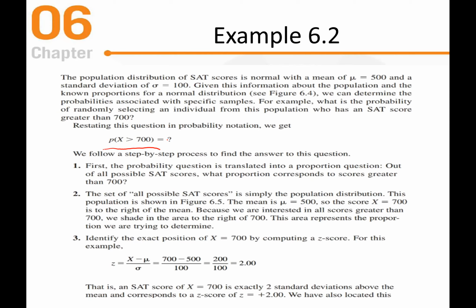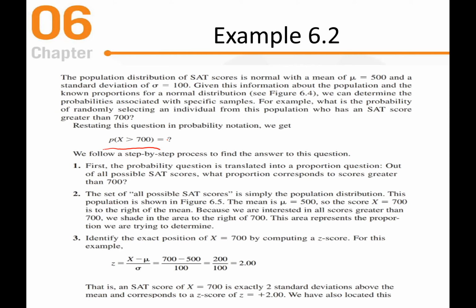To do this, we're going to follow a step-by-step procedure. First, the probability question is going to be translated into a proportion question. Out of all the possible SAT scores, what proportion corresponds to scores greater than 700? All the possible SAT scores tells us that we're dealing with a population distribution.